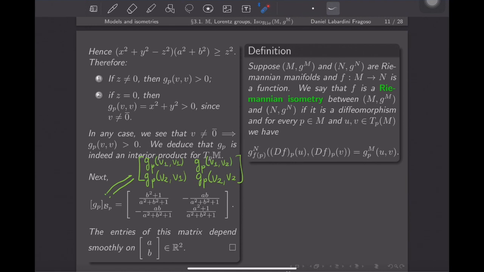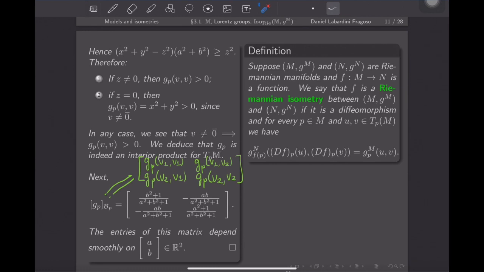Now, I'm interested in studying the isometries of the hyperboloid. And strictly speaking, one has to distinguish two types of isometries. One is the metric isometries, and the other is the Riemannian isometries.